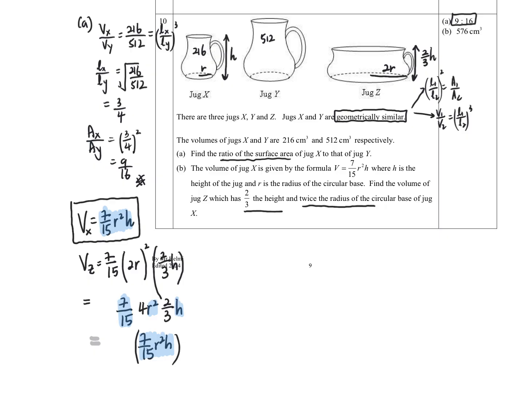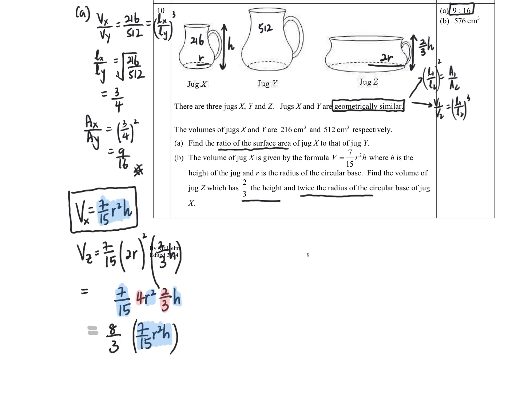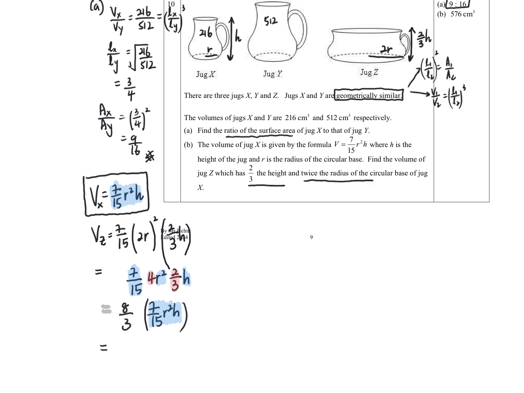Then whatever is left over, which is my 4 and my 2/3, if I calculate, it gives me 8/3. So this tells me that my volume of Z is 8 out of 3 of my Vx. I just plug that only. So I already know my volume of Vx, 216. Just now they tell me already. So to calculate it, I just do 8/3 of 216.